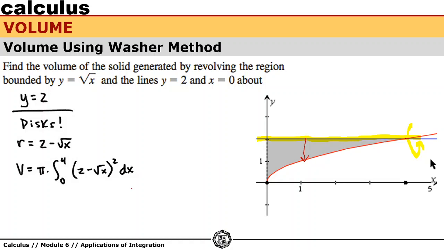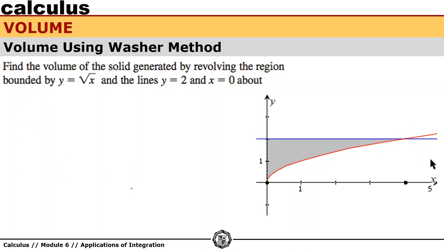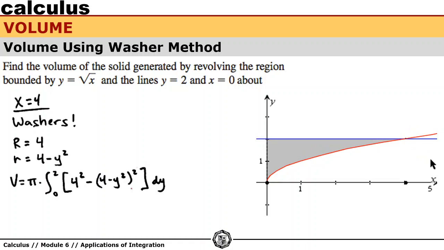And last but not least, we're going to go around the line x equals 4. That would be the vertical line over here. Now again, what I want you to notice here is we have open space between the region that you're rotating, which is the gray region here, and the axis of rotation.